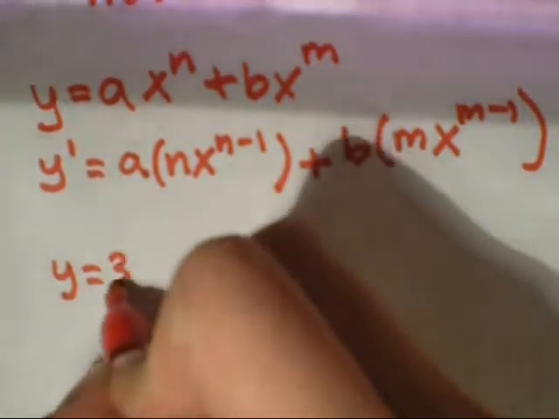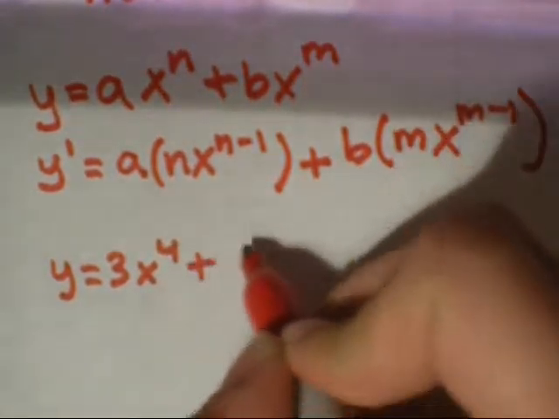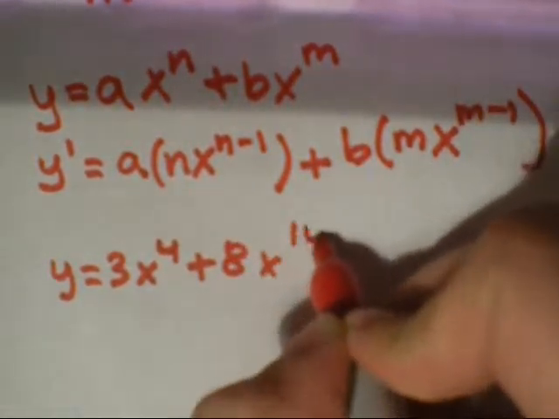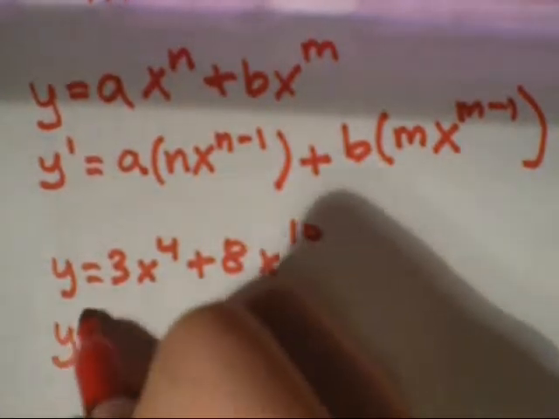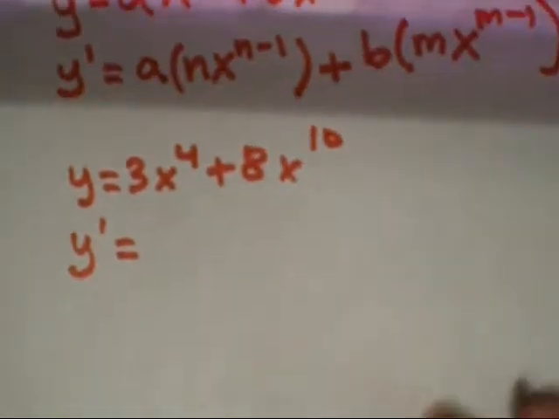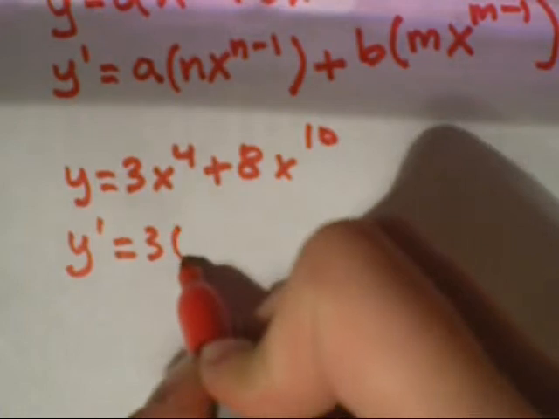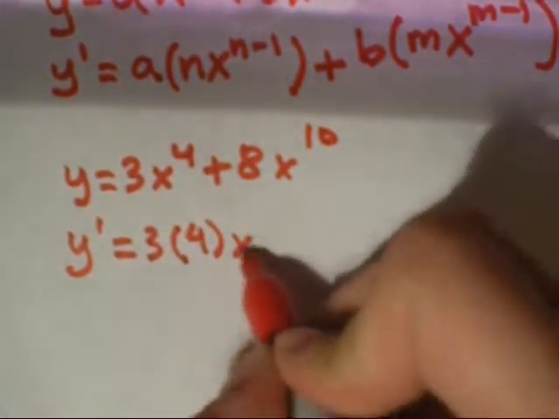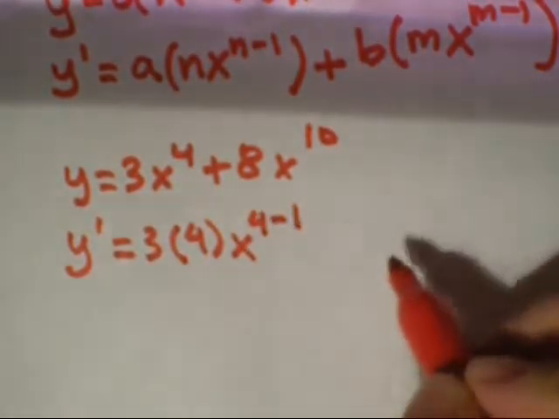y equals 3x to the 4th plus 8x to the 10th. So our derivative in this case would be 3 times 4x to the 4 minus 1.